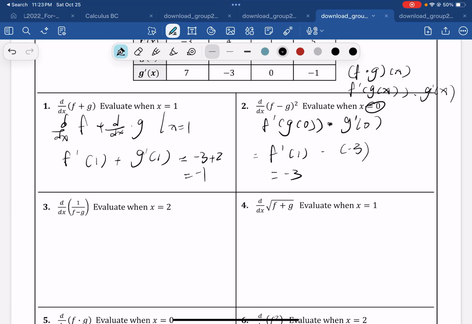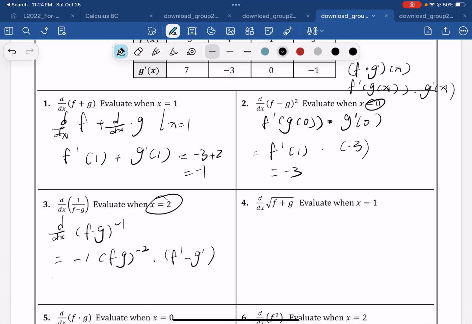So it becomes f minus g to the -1, and we apply chain rule to this function. What we got is -1 times f minus g raised to -2 times f prime minus g prime. So it's asking us the value at x equals 2.